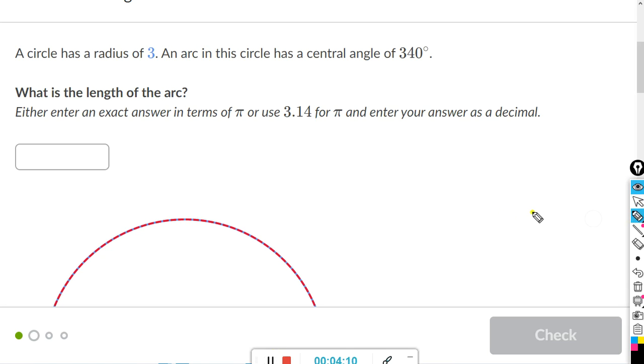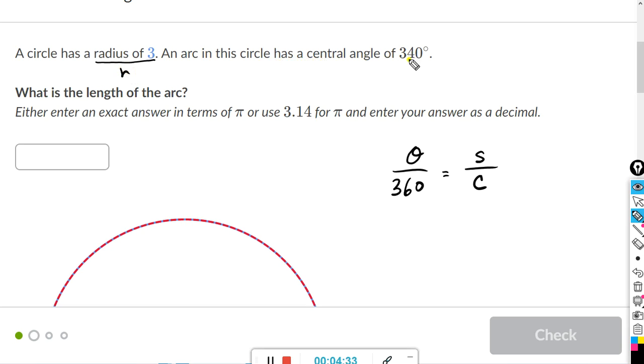Once again, we're using our ratio and proportion. Theta over 360 equals S over C. Let me see here. It says the radius is 3. We're going to deal with that later.